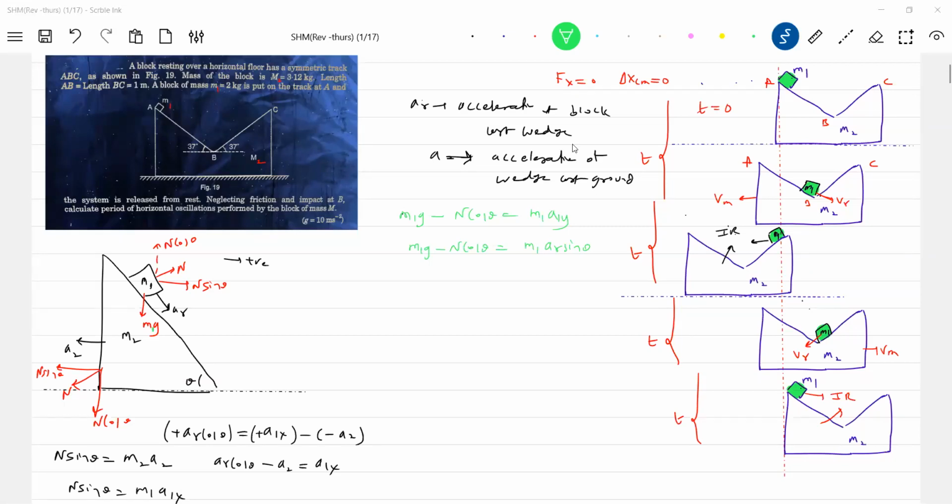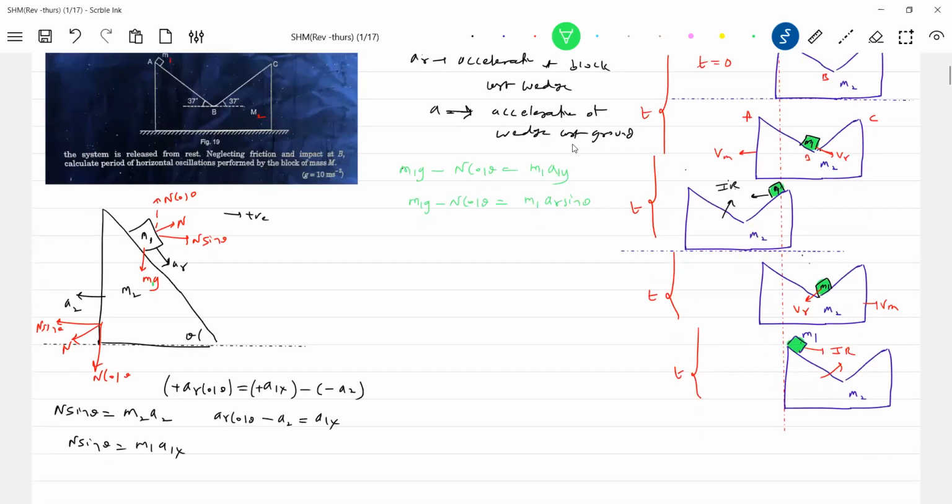I have to check whether the answer is there or not. 0.5 seconds is the time taken to move from A to B. This I'll simplify. Next part: A1x I'll eliminate, so AR cos theta minus A2.